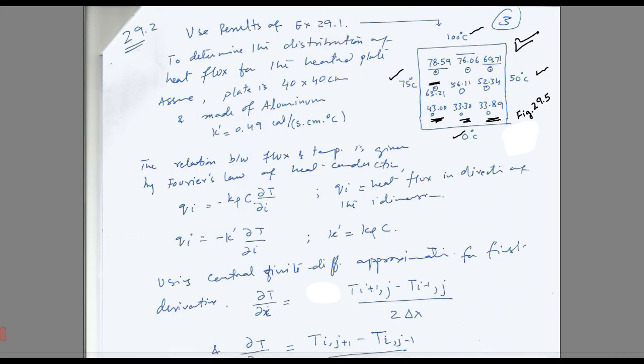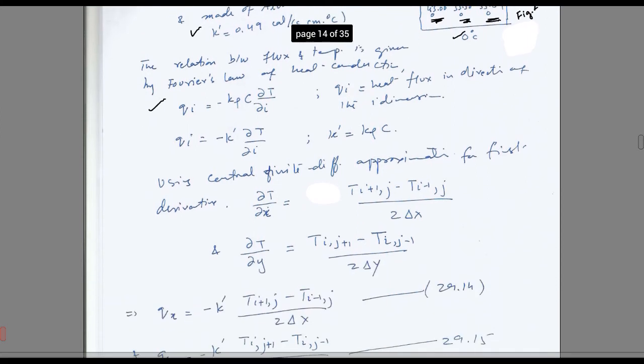And here we have to find the heat flux distribution in this plate by applying the heat conduction equation. This plate is 40 by 40 centimeters. Constants are given here. This is the equation from Fourier's law, qi, and I just want to go quickly.